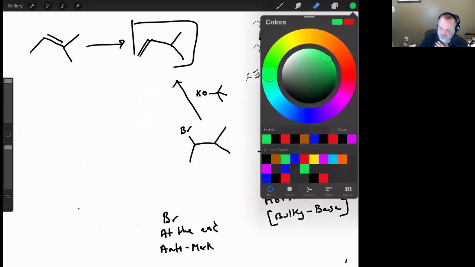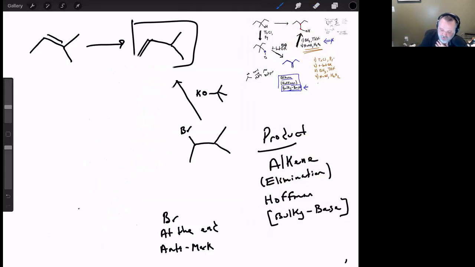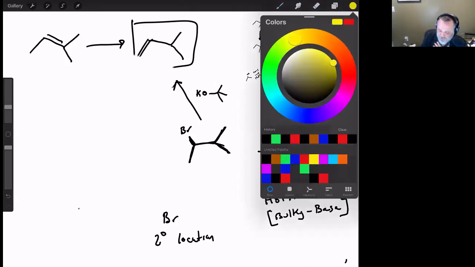What that does do is help you say to yourself, okay, that must mean this is a good place to go back to this particular addition. So now I'm thinking about this product, and I have a bromine, but instead of being attached at the end, it's at a secondary location. Markovnikov or anti-Markovnikov depends on where the double bond is.